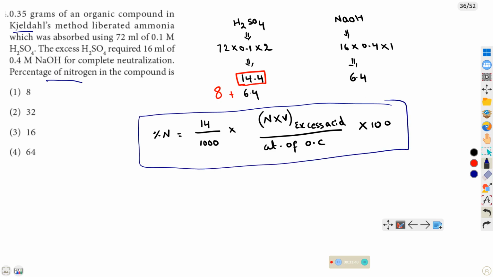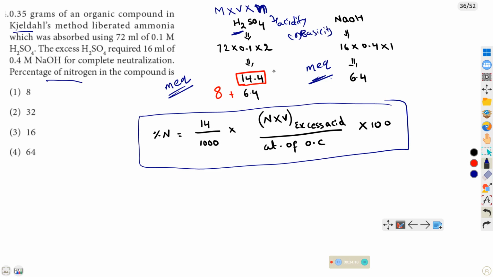First of all, calculate the number of milliequivalents of acid as well as the number of milliequivalents of base. Milliequivalents is molarity into volume into n, where n indicates acidity or basicity.